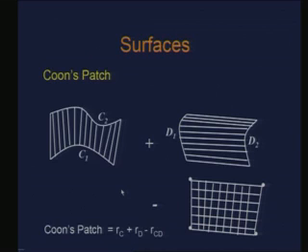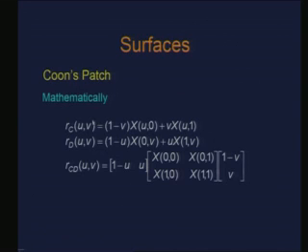Okay. So, mathematically if I want to write this, R c u v is nothing but the linear interpolation of the boundary curves C 1 and C 2, which are nothing but x u 0 and x u 1.